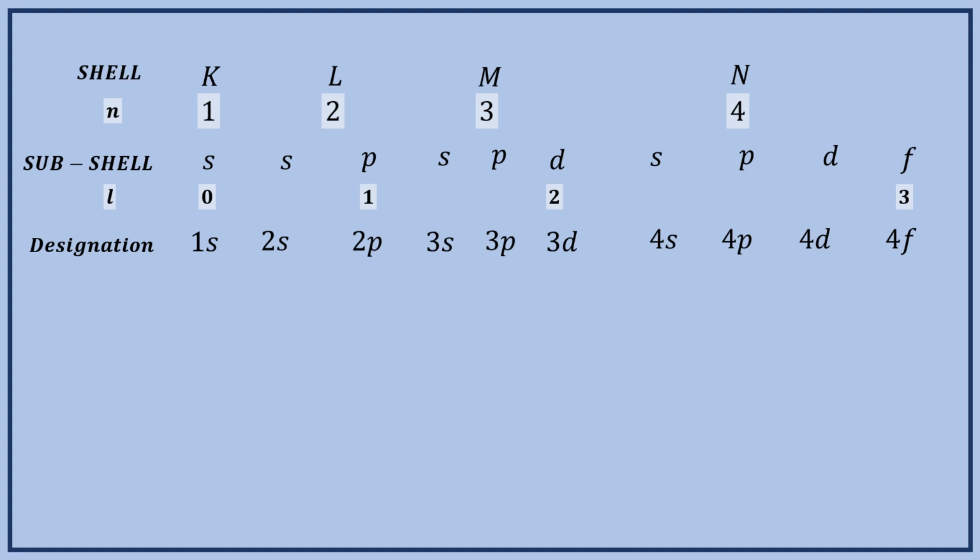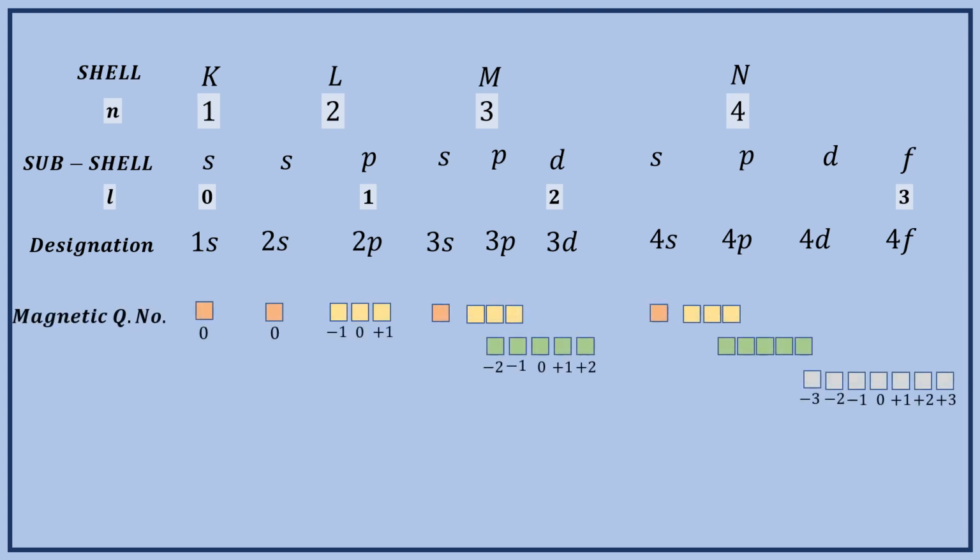Now a subshell is divided into orbitals, and these orbitals are identified by magnetic quantum number. The values of magnetic quantum number range from -l to +l, and the number of orbitals in a subshell is equal to 2l plus 1.